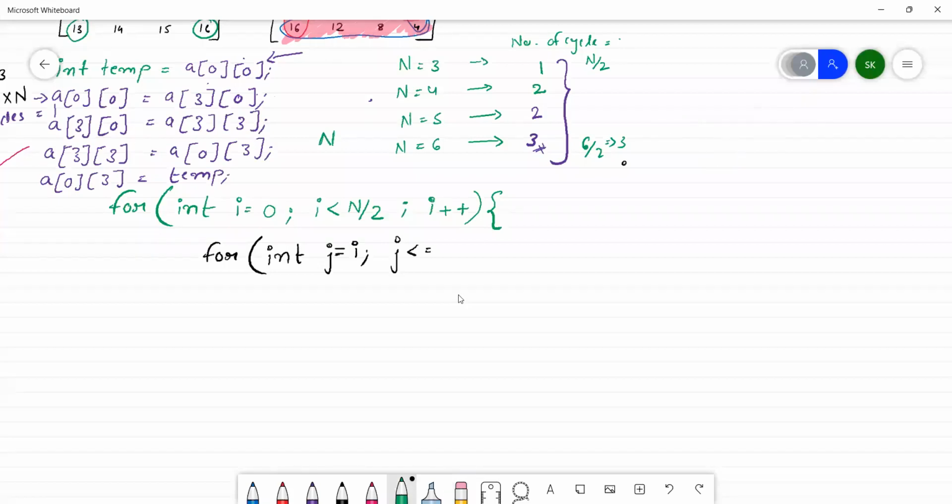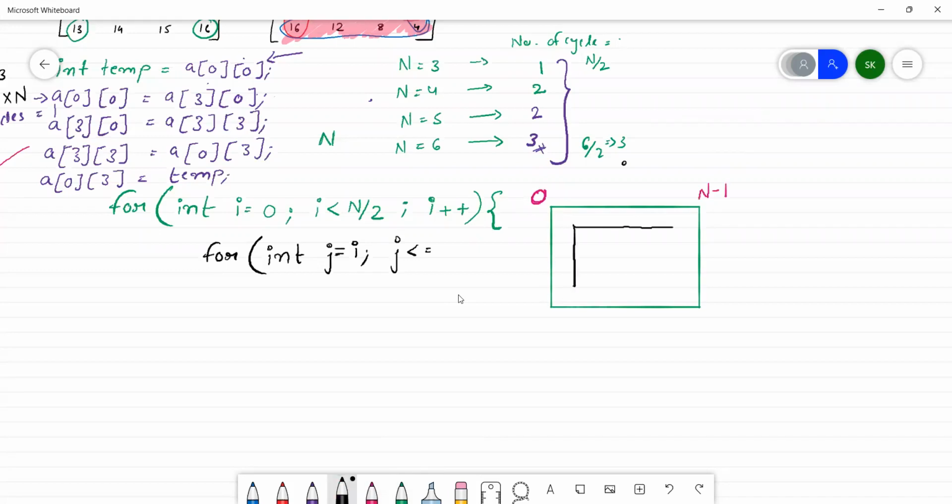What I'm trying to say is, see, this is your first box. In this first box, you are rotating elements from the 0th index till the n minus 1th index. Once this first cycle is done, you need to focus on your inner cycle. And that's where your cycle will continue from the first index till n minus 2.